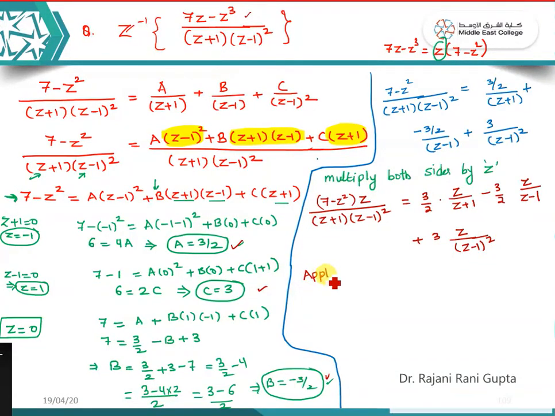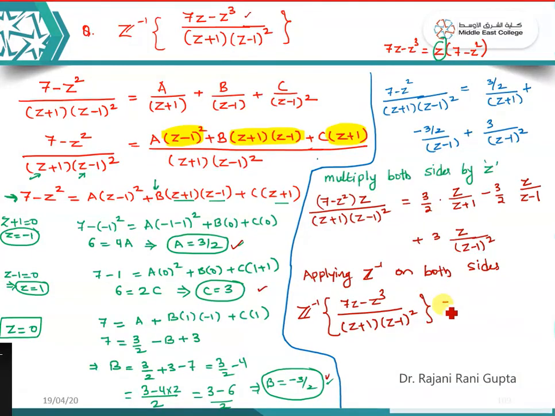Then applying the inverse Z transform on both sides, we get the inverse Z transform of the left side, which is nothing but our quotient, (7Z minus Z cubed) over (Z plus 1)(Z minus 1) squared, equal to 3 by 2 times the inverse Z transform of Z over Z plus 1, minus 3 by 2 times the inverse Z transform of Z over Z minus 1, plus 3 times the inverse Z transform of Z over (Z minus 1) squared.